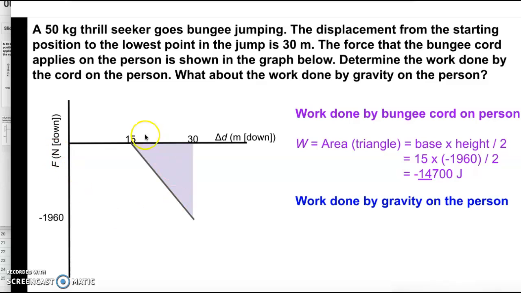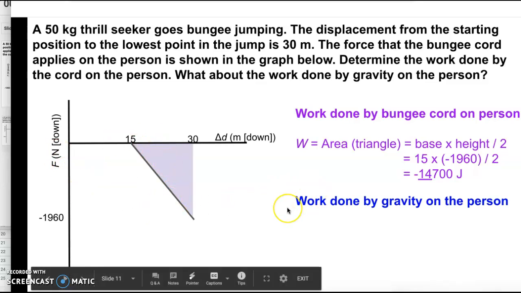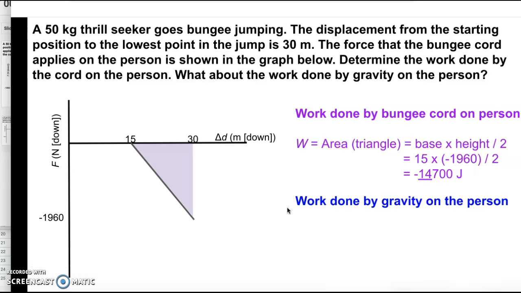This was the graph for the bungee cord. We're not given the graph for gravity. So we have to just use the formula for work to get the work done by gravity. The formula for work is the magnitude of the force times the magnitude of the displacement times cosine of the angle between them.